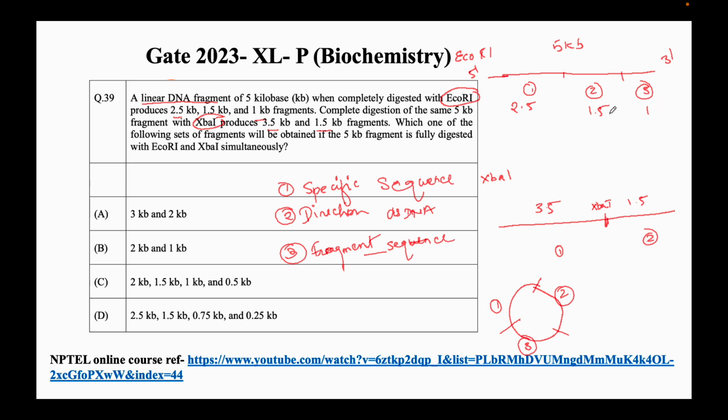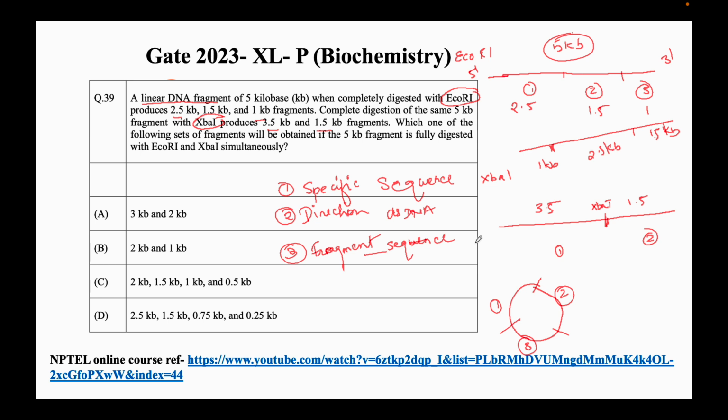So these fragments could shuffle inside this 5 kb DNA fragment. What I mean by that is we could have a linear DNA fragment with 1 kb here, 2.5 kb in between and 1.5 kb. So we cannot assume that this is the sequence of the fragments which have been cleaved.